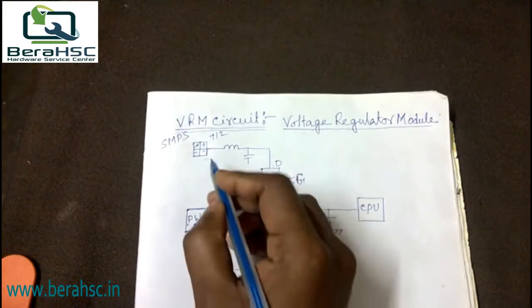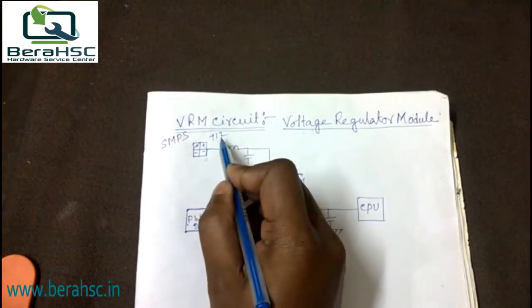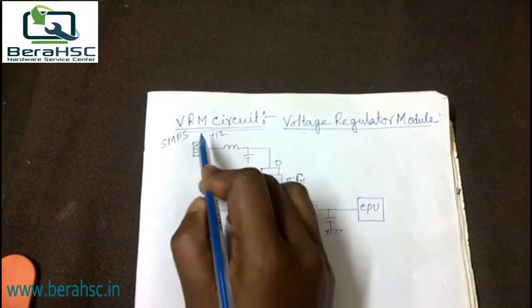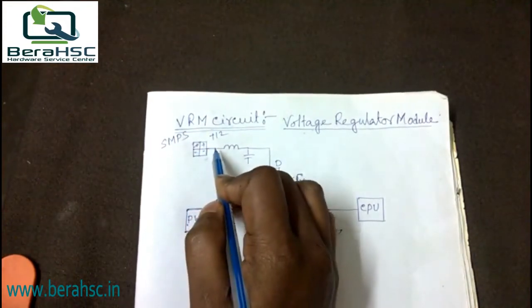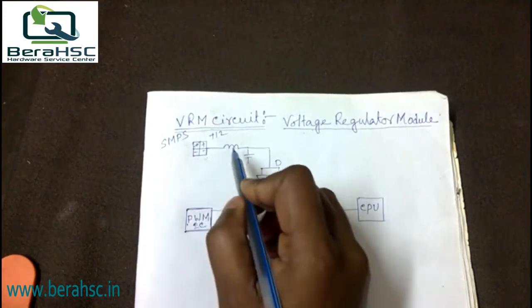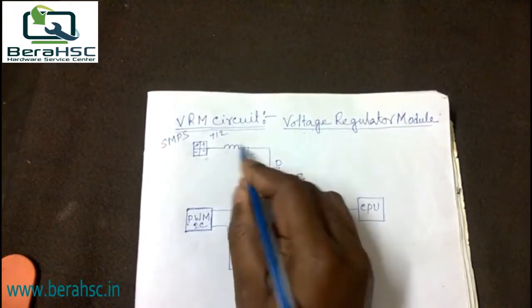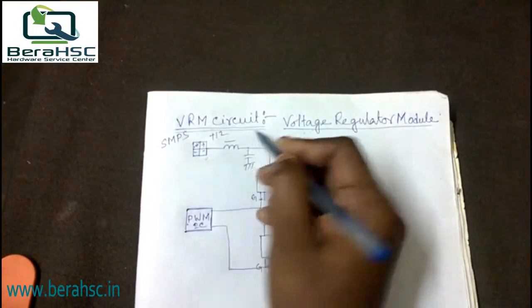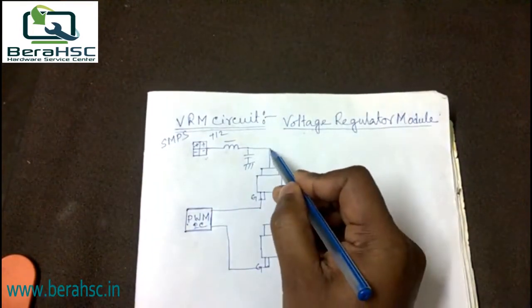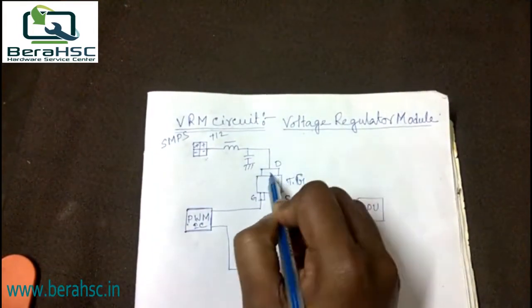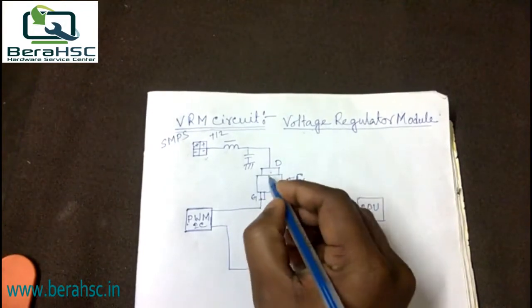So friends, this is the positive 12 volt. This 12 volt is coming from the SMPS. This voltage is filtered by the input coil and input capacitor. After that filtering, this voltage goes to the top gate MOSFET.